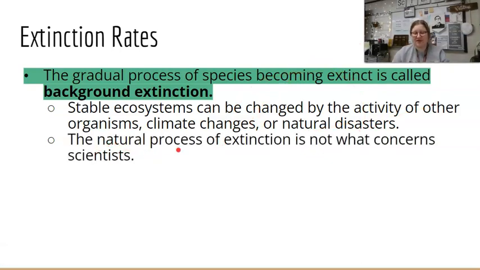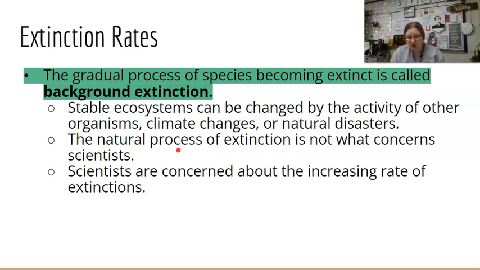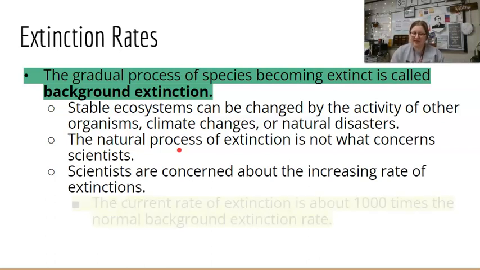This natural process of extinction is not what concerns scientists. This is the process of extinction that happens when a shift happens in an ecosystem, either very quickly or slowly, and a species cannot adapt, and so they eventually will go extinct. This is normal. What scientists are concerned about is the increasing rate of extinction.